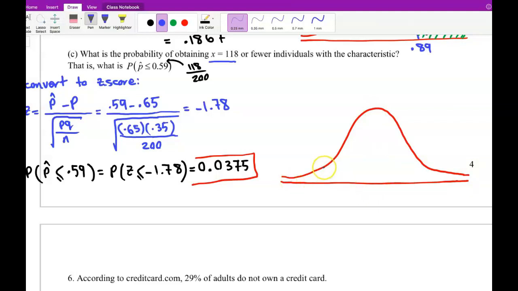So z is negative 1.78, and we should find the area when z is less than this number. The area for this part is 0.0375, so this is the answer.